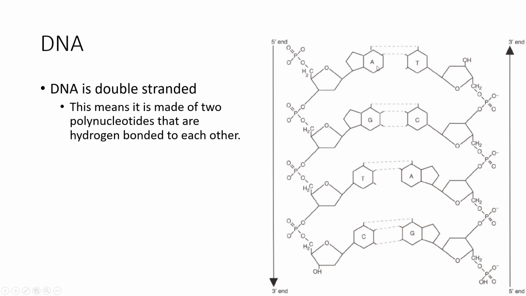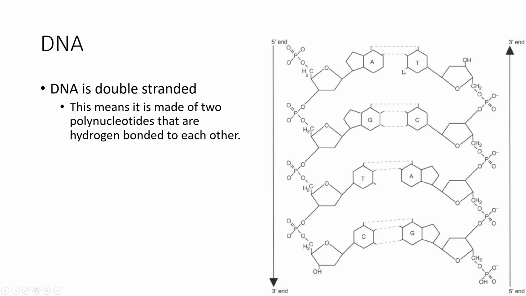And there are certain combinations of letters that you can get. Adenine will complementary base pair with thymine, so A goes to T, and guanine will complementary base pair with cytosine, so G goes to C. G can't go to T and G can't go to A, it can only go to a C. So essentially, if we give you one strand of DNA, you should be able to tell us what the opposing strand is going to be based on those rules of complementary base pairing.